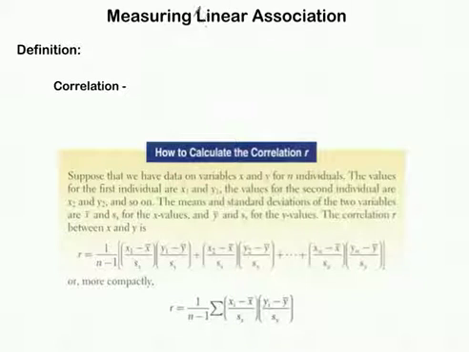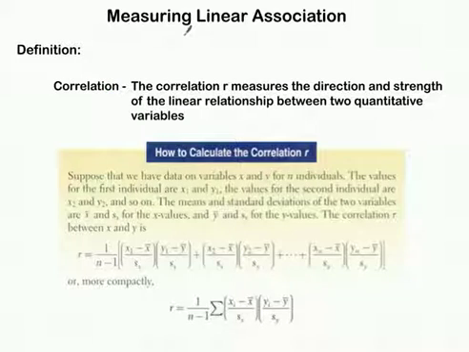All right, so measuring linear association. Correlation measures the direction and the strength of a linear relationship between two quantitative variables. So how to calculate the correlation R? Suppose we have data on variables x and y for n individuals. The values of the first individual are x1 and y1, and the values for the second individual are x2, y2, and so on.